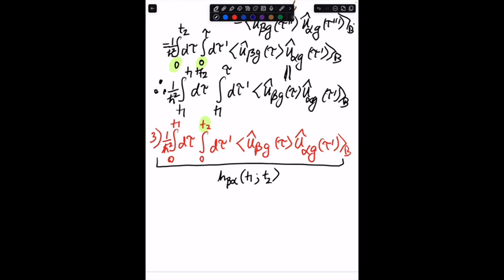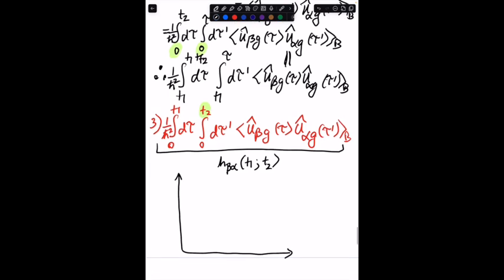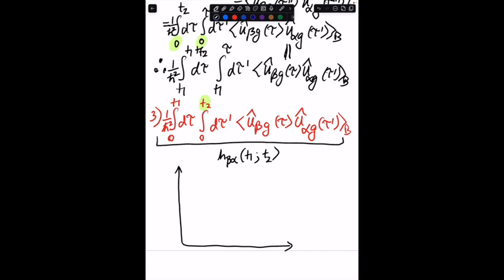So let's visualize this graphically, otherwise it will be a bit hard to do. What I want to do is visualize the region of integration. It's a double integral over two variables, tau and tau prime. I put tau on the x-axis and tau prime on the y-axis.